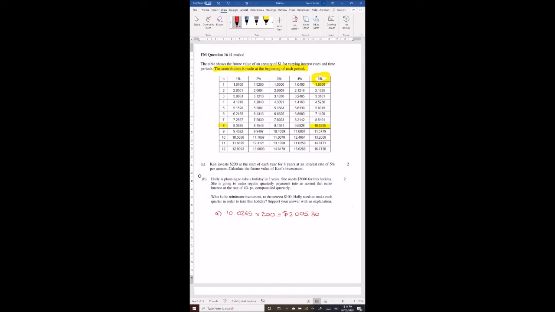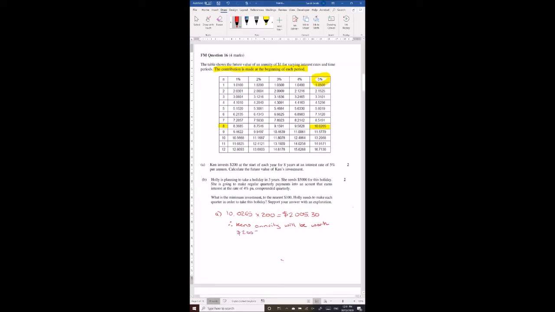So we can say, therefore, Ken's annuity will be worth $2,005.30 in 8 years.